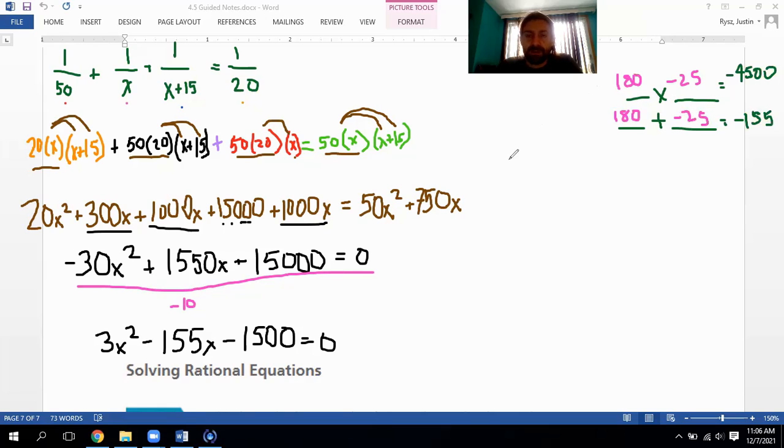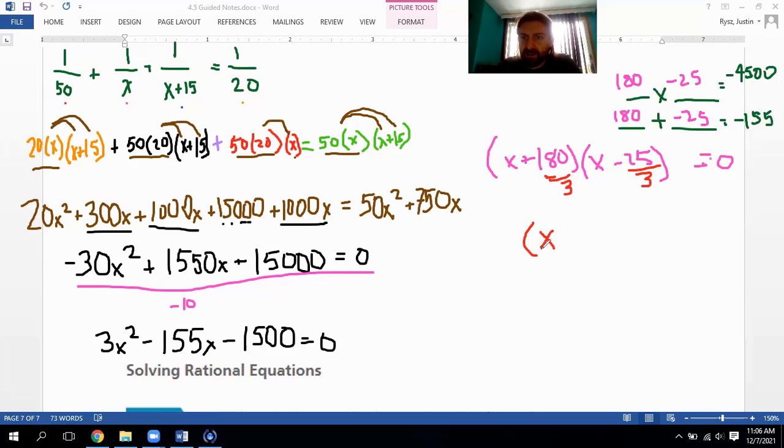All right, so that means this factors to an x plus 180 and then an x minus 25. And then we'll still have equals 0, but we had a number in front, so we divide by that number in front, and we've got to either simplify and or slide our fractions.